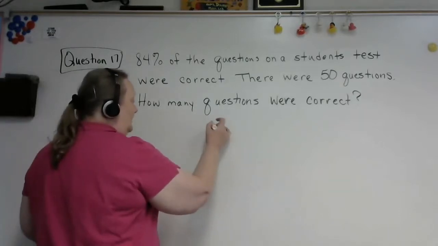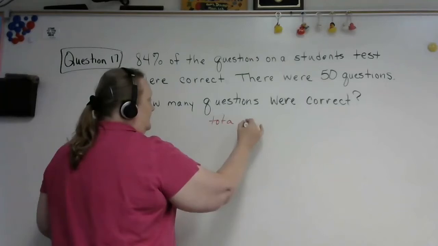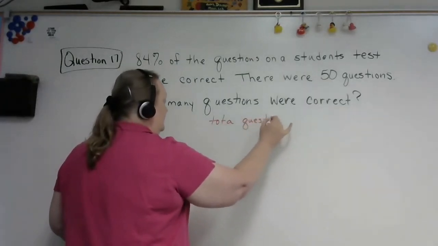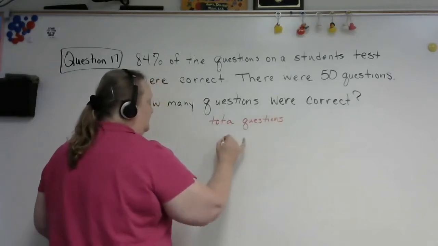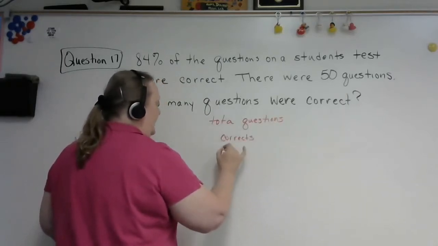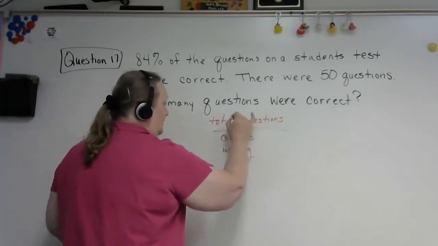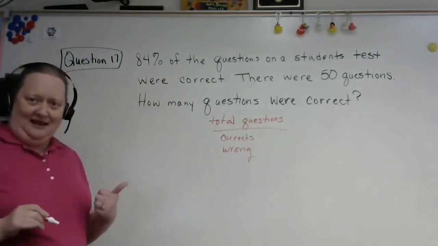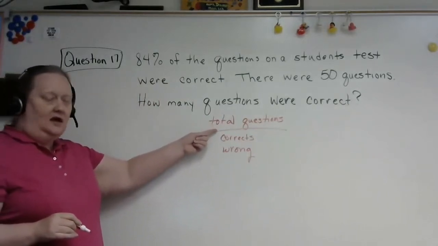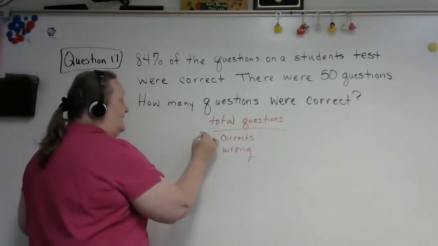We have a total number of questions, and we have some correct ones and some wrong ones. And so the total, which I've left the L off, not on purpose, is the correct and the wrong added together. And we know the percent correct is 84%.